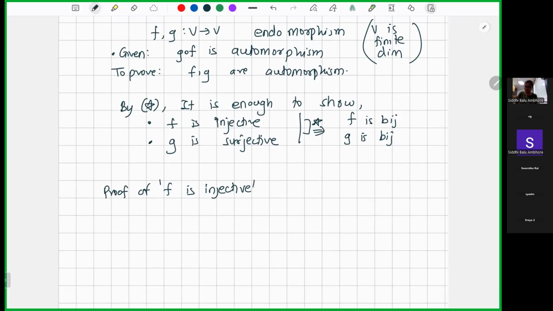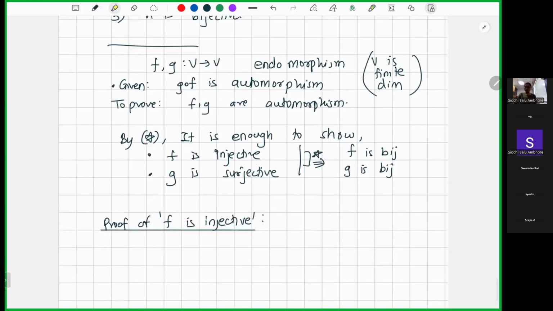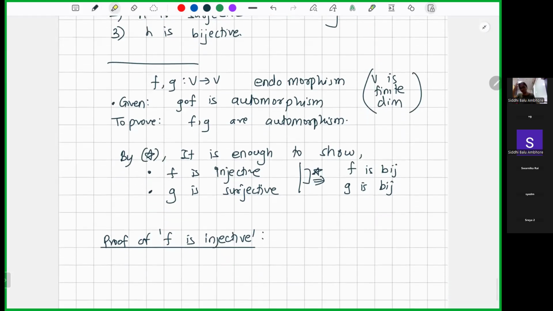If we say F is bijective, it means F is injective and F is surjective also. This is because F is an endomorphism on a finite dimensional vector space and it is linear. An endomorphism means only a map from V to V; it may or may not be injective or surjective.